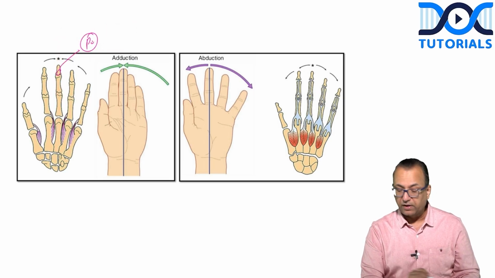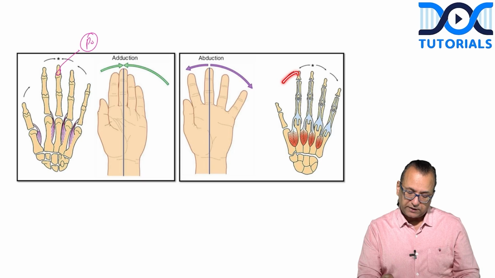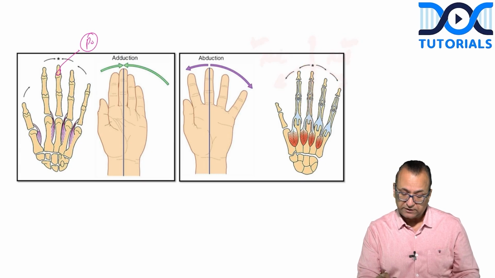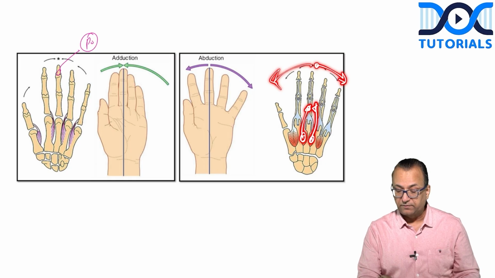On the other hand, dorsal interossei pull the fingers away from the midline. So the middle finger, whether it goes towards the thumb or towards the little finger, is always abducting. It will require one abductor for this direction, one abductor for that direction. That is why you see dorsal interossei, one attaches here, pulling the middle finger to this side, and one attaching there, pulling the middle finger to that side.